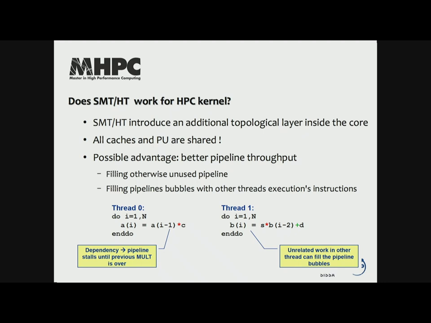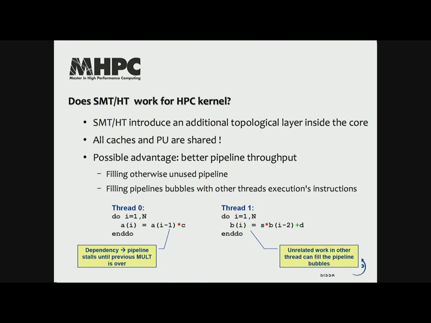This is what Luca called a clear dependency. So you can't go very well here in a pipeline way, because to compute this you need the previous one. At a certain point here, your pipeline is stalling, because you have to wait for this multiplication before completing this operation. So there is a dependency here.